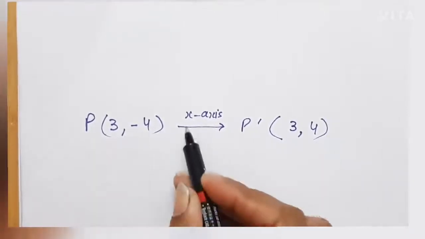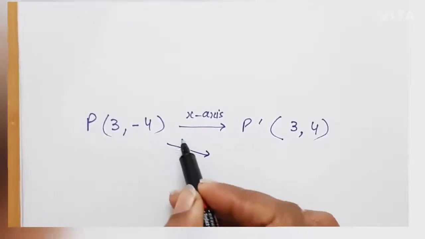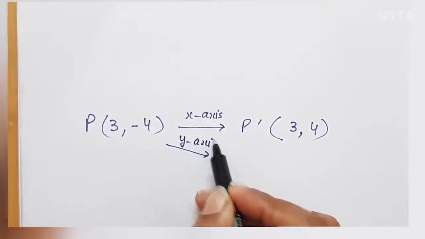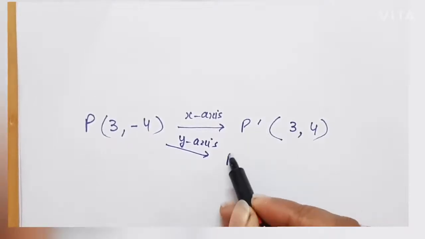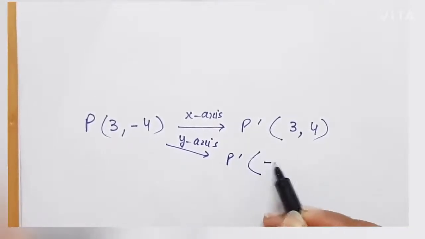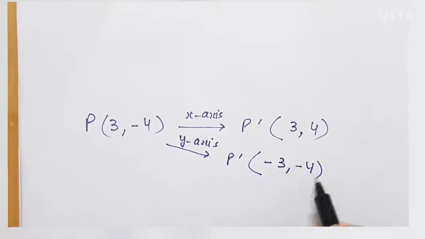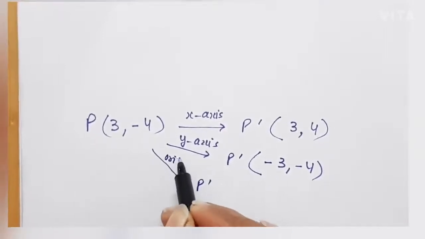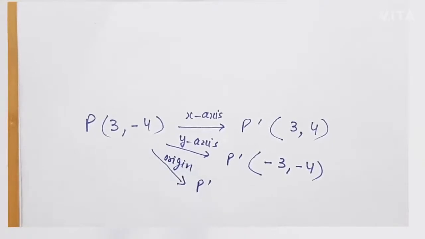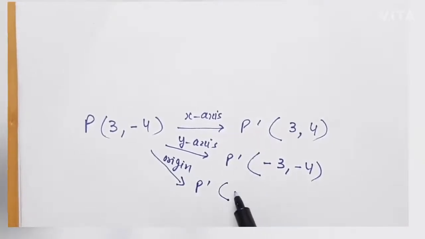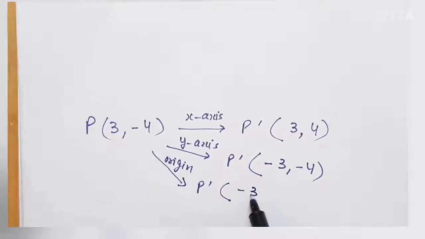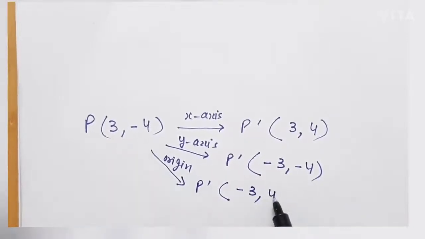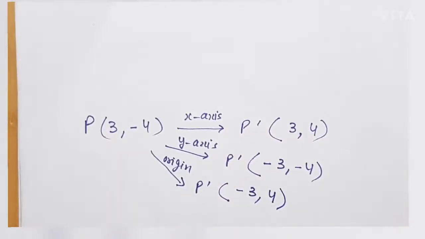Similarly, if we reflect the same point in y-axis, then what will happen? It will become P dash (minus 3, minus 4). And if we reflect the same point in origin, origin is (0, 0), then both the signs will get changed. 3 will become minus 3 and minus 4 will become 4. I hope it is clear to you.